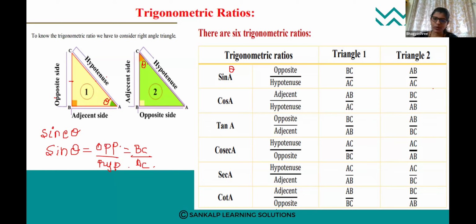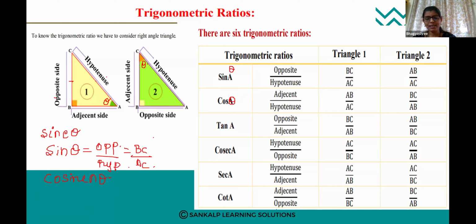Okay. Next one, cos A. Cos A means what? Cosine A. Actually it is cosine A, and as a short form we say cos A. A is theta here, so let's say cosine theta. If you want, you can take it as theta. Cosine theta, short form cos theta, because it is easy to remember and easy to write.